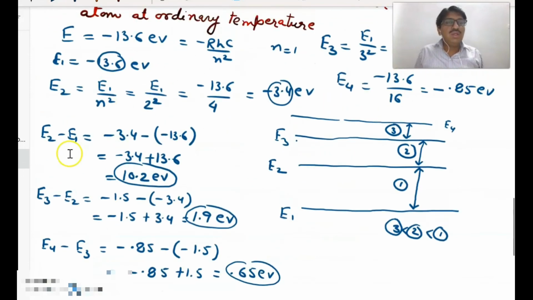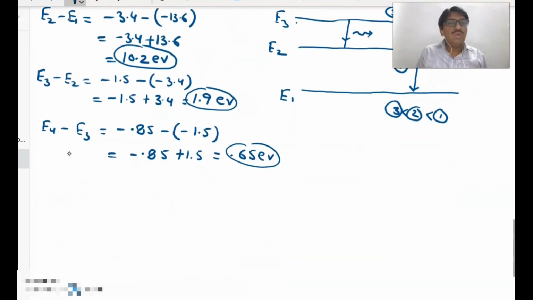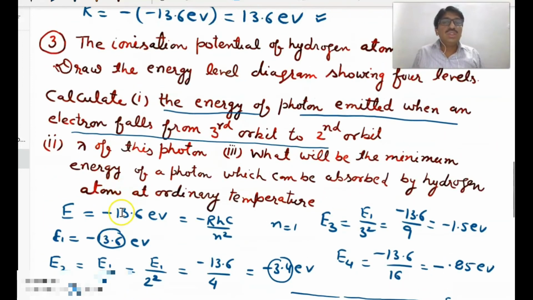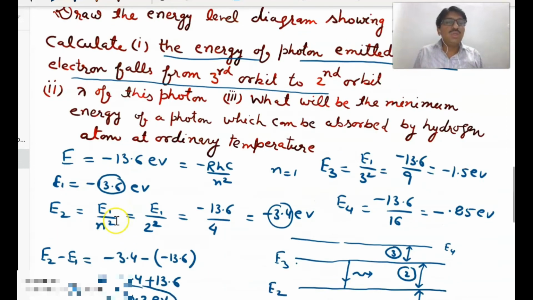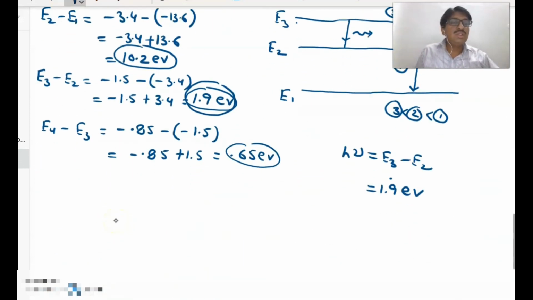It means when the electron falls from third to second, it emits a photon h nu, that should be equal to E3 minus E2, and we have already determined E3 minus E2 as 1.9 electron volt. So the first answer, the energy of the photon emitted when an electron falls from third orbit to second orbit, should be 1.9 electron volt.